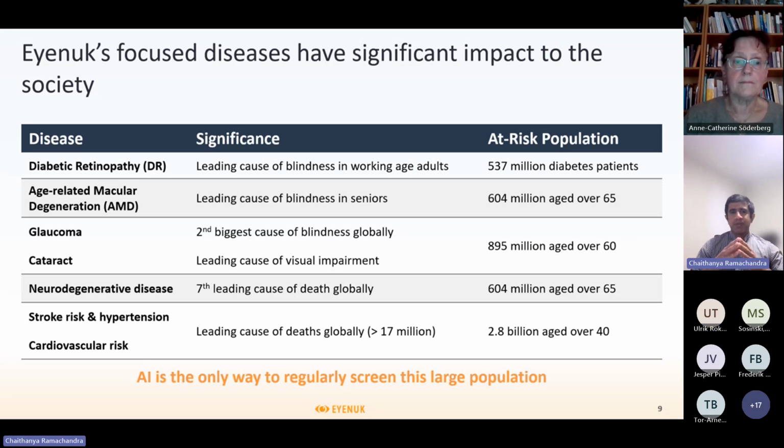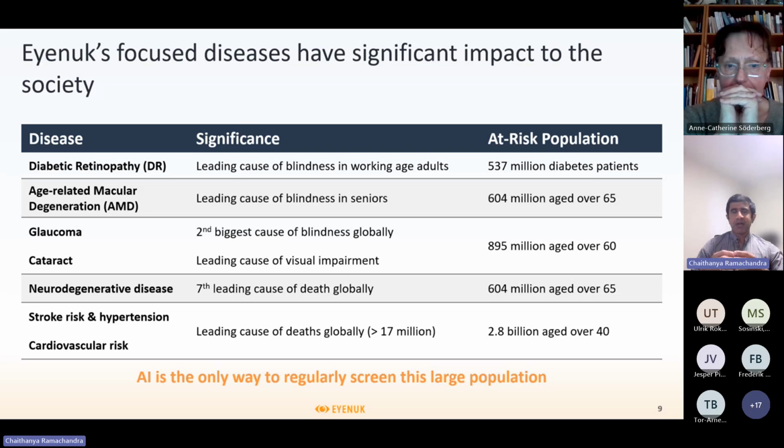Now, these diseases that we're looking at, again based on AI analysis of retinal images, have significant impact. I've listed a few of these diseases, and the at-risk population of these diseases runs into hundreds of millions, if not billions, for cardiovascular and stroke risk.